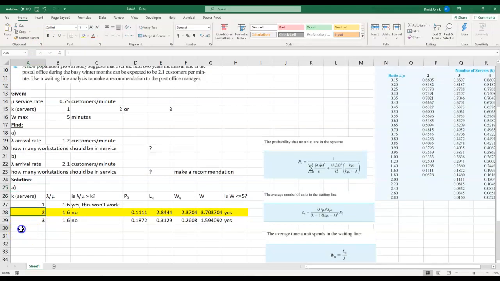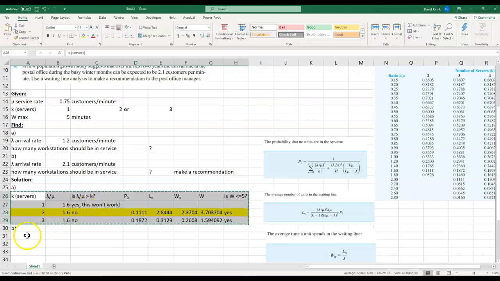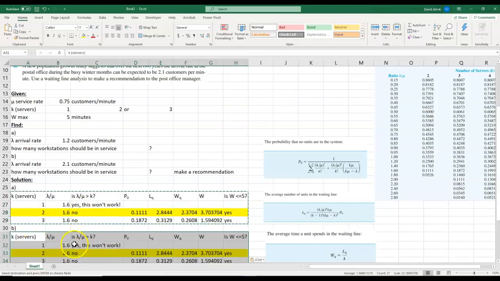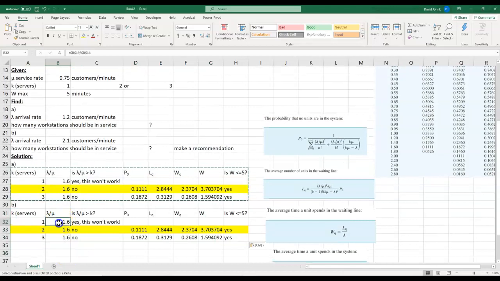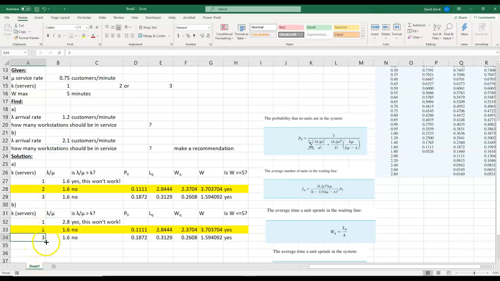So for part B, well, we could copy this down and adjust it. This is the beauty of Excel. Now these are going to be pointing to this, right? And let's go ahead and add one. Let's add one. We'll make this 4.